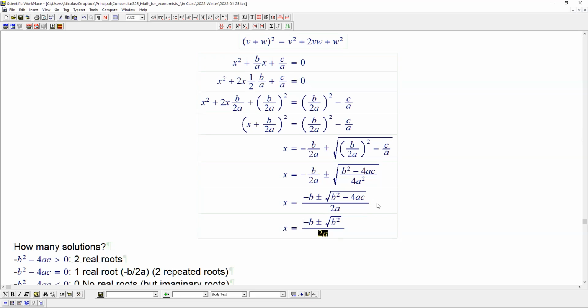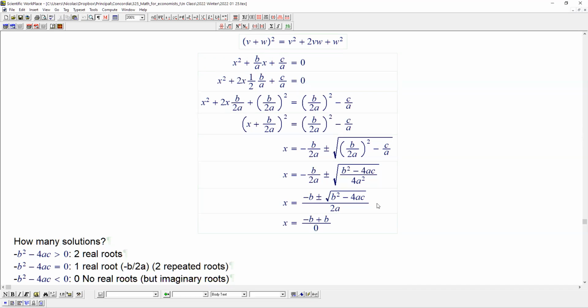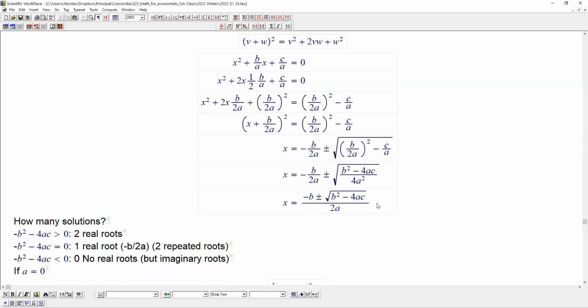And this is 0. So I have 0 here, but here it's square root of b squared. So this is b. But I don't get b minus b. So I get something like b plus b. So I get 0 over 0 basically. So yeah, I cannot use this formula to solve it.